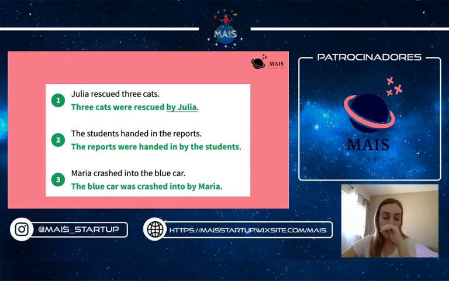For example, here in the second example, we have the students as the subject. So in our passive voice, we add by, just to show who is doing that, and then we add the subject, the students. And the same thing in the third one. We know the subject is Maria, so we just added at the end by Maria.